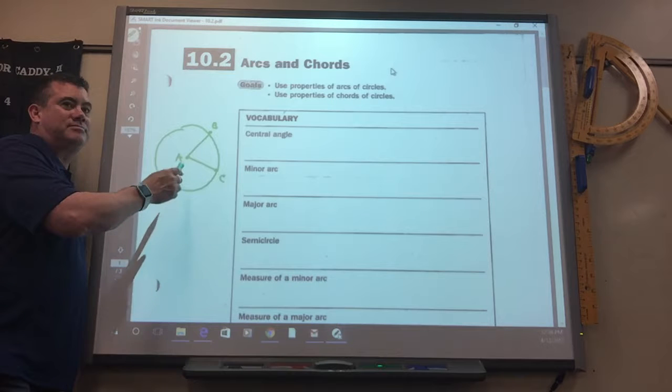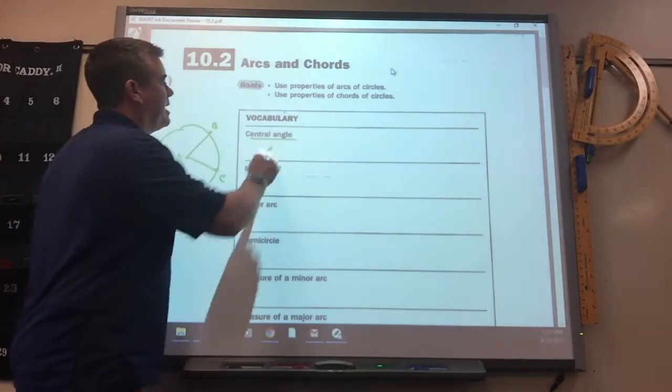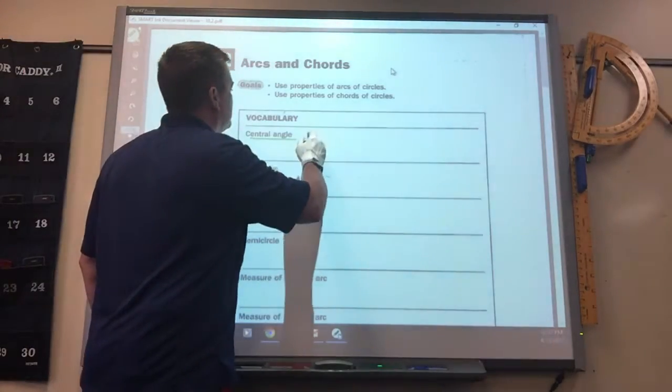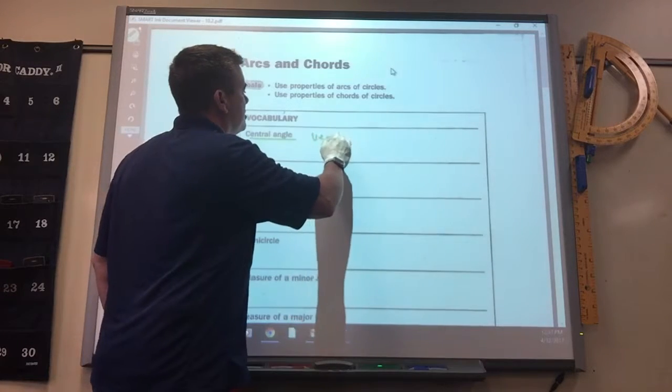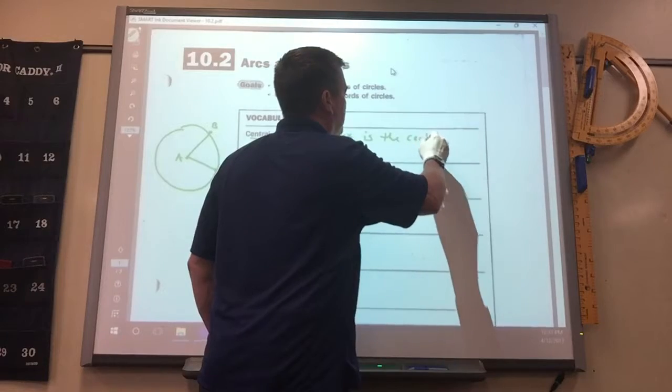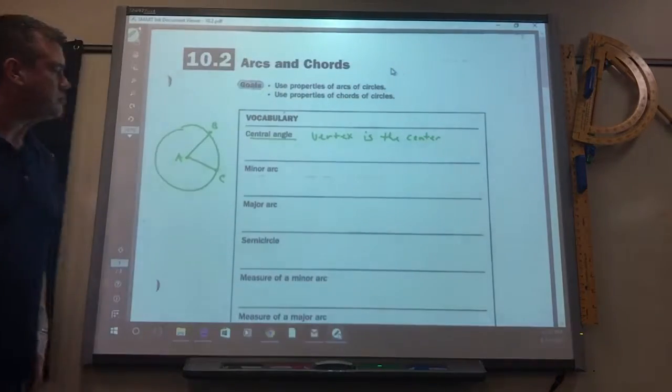An angle. Okay? That's a central angle. A central angle is where the vertex is the center.